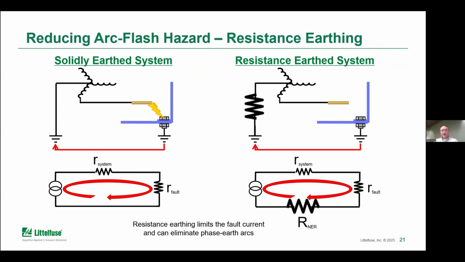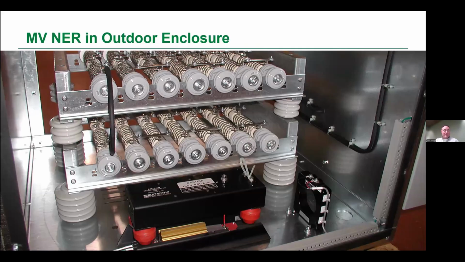But as you saw in the previous slide, if 90% or 95% of your faults are earth faults, this goes a long way to reducing the likelihood an arc event will occur. For those of you that maybe haven't seen an earthing resistor before, this is just an example at medium voltage where you see the resistor coils mounted on insulators in an outdoor enclosure. So it is one thing to keep in mind in terms of system design.